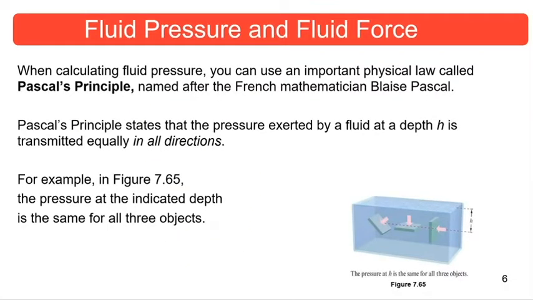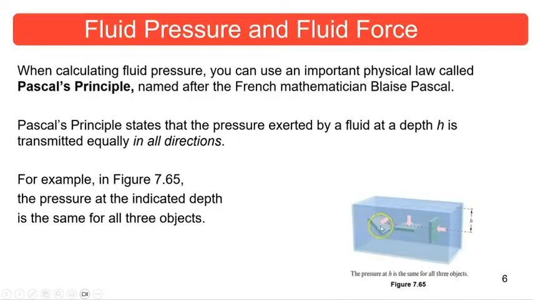When calculating the fluid pressure, you can use an important physical law called Pascal's principle, named after the French mathematician Blaise Pascal. Pascal's principle states that the pressure exerted by a fluid at depth h is transmitted equally in all directions. As you can see in this figure, at this depth h the pressure would be the same no matter the orientation of the solid.